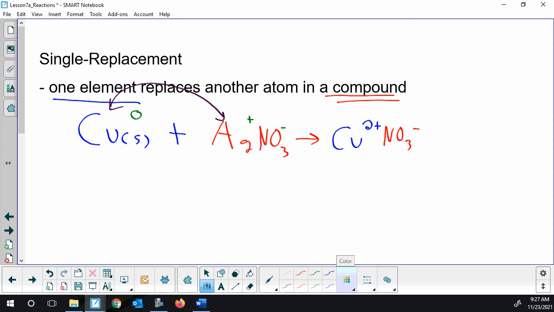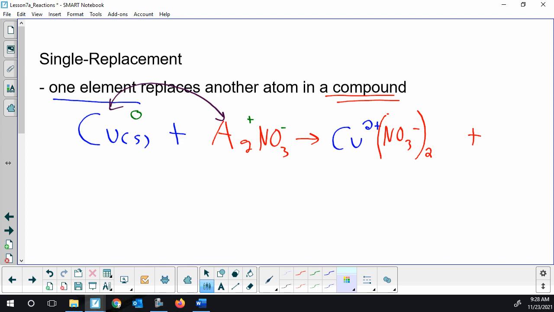Okay. So we've done the switch, the single replacement, but then we have to rebalance the charges. When you switch ions, the charges may not be the same, so the subscripts may not be the same. +2 -1, that doesn't balance. We're going to need 2 of our nitrates. Plus, okay, what's left over?